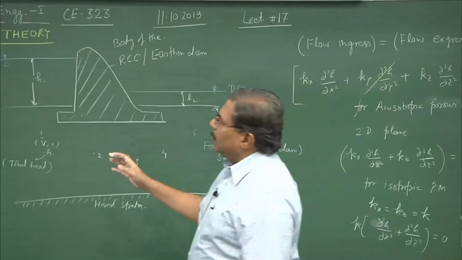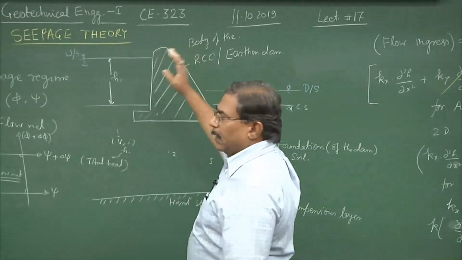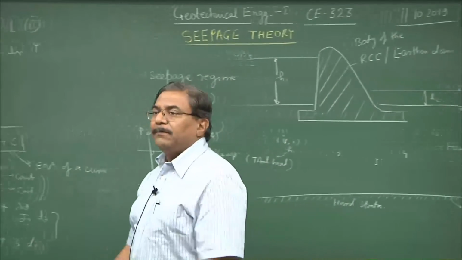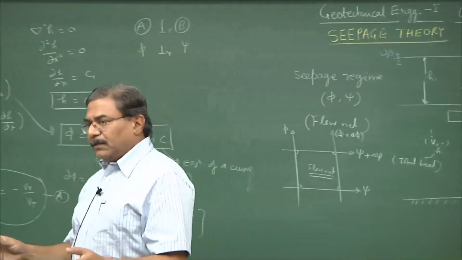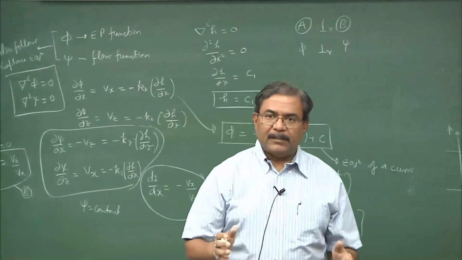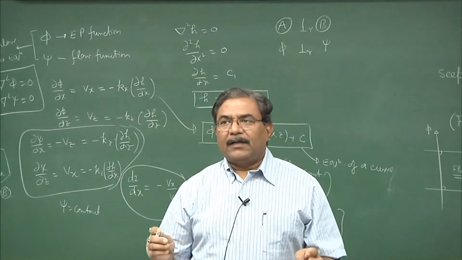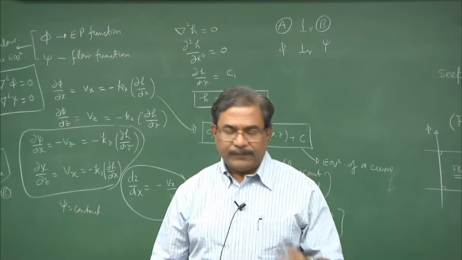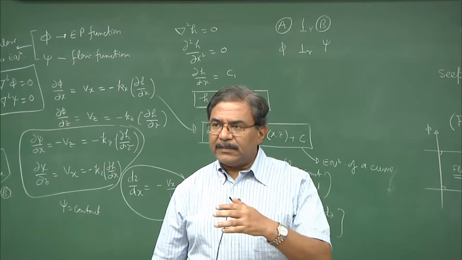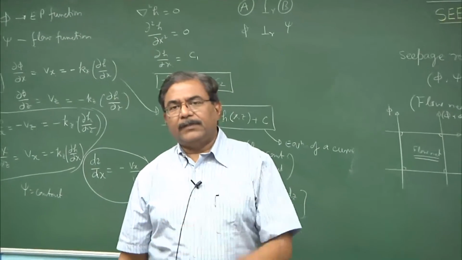So, what we have done until now is we started from a 3-dimensional flow which is entering into a control volume of the soil. We are assuming that because of the seepage, the volume of the control volume does not change, soil is incompressible, flow takes place, goes inside, it comes out.